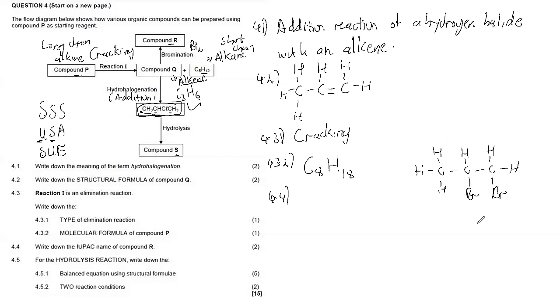And now what they're looking for is not the structural formula, right? We must find the IUPAC name for this. So what is the IUPAC name? Counting from here, this is 1, 2, 3. So this becomes 1, 2, dibromopropane, right? So this is the IUPAC name for compound R.